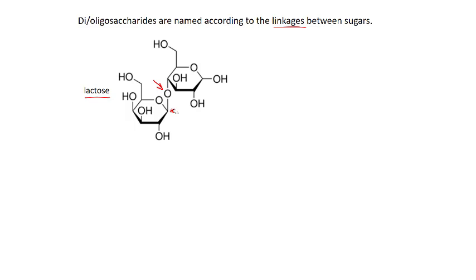Now, there is a system for naming glycosidic linkages. Glycosidic linkages always have a name that is something like, for example, alpha 1 to 6, something like that. So notice that we always either have an alpha or a beta to begin with, a number, which is always going to be 1 or 2, an arrow, and then another number at the end.